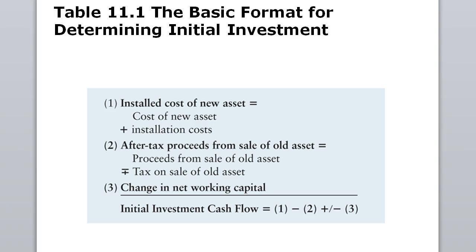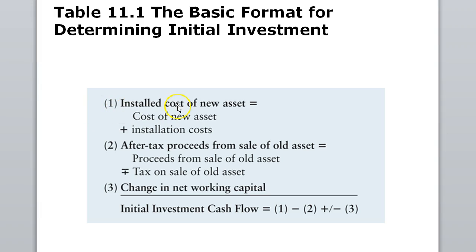All right, so let's look at the basic format for determining initial investment. So we look at the installed cost of the new asset. So the cost of the new asset plus any installation costs. And then number two, after-tax proceeds from the sale of the old asset. So depending on, are we going to make money or lose money in the sale of the old asset, and any change in working capital.